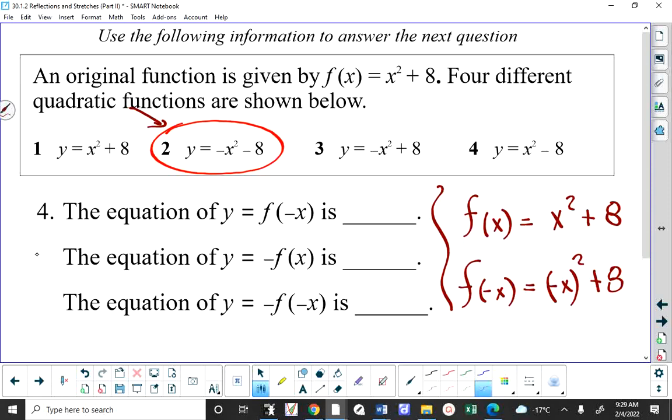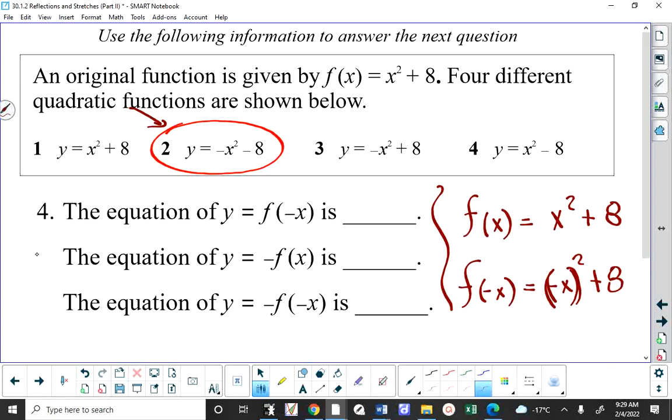The other issue is what I keep going back to anytime we talk about substitution. When you substitute, you need to put the thing you're substituting in brackets. When I square negative x, I get x squared, because a negative squared is a positive.